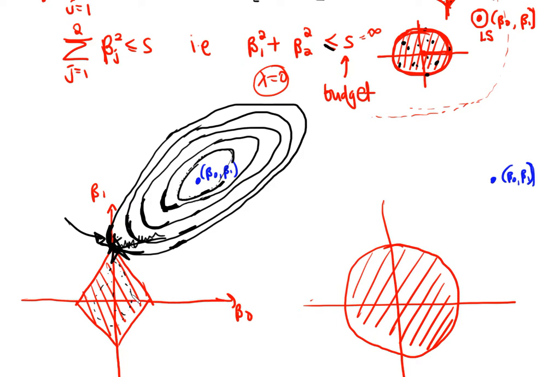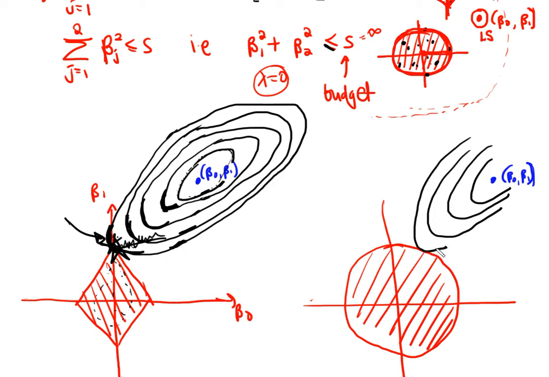Same happens for when we're doing ridge regression. As soon as it just touches the circle, we have our special new beta naught and beta 1. We have our new beta naught and beta 1 that satisfy the ridge regression minimization problem.